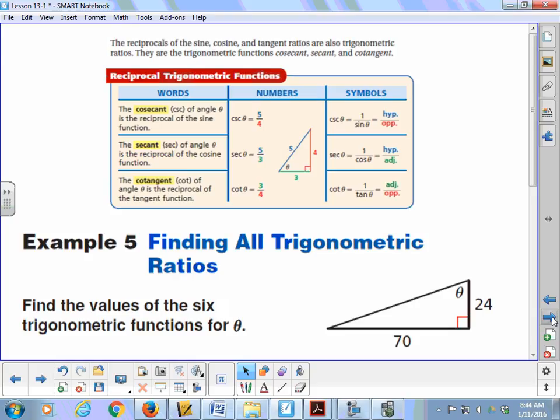Secant is the reciprocal of cosine, so it would be hypotenuse over adjacent. And cotangent is the reciprocal of tangent, which would be adjacent over opposite. So they're not really new. We're using the same information. We just have to flip our numbers over.